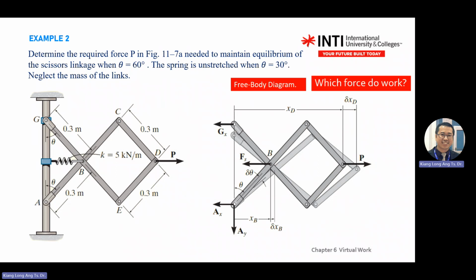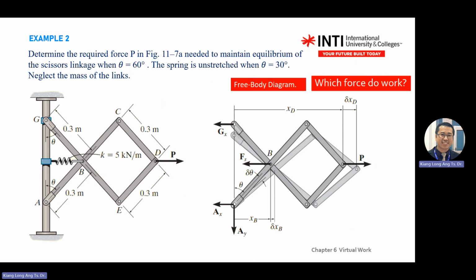B will move to the right, delta XB. And there's a small change of angle of the arm AB. They will be moving clockwise, delta theta. Okay, then the rest is the same.